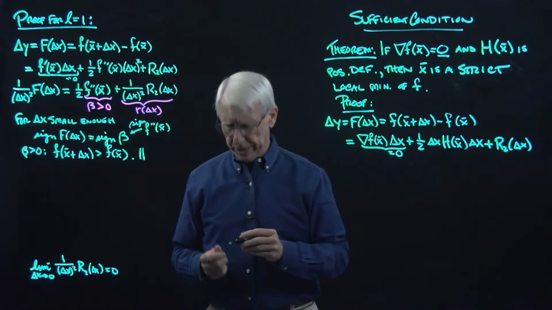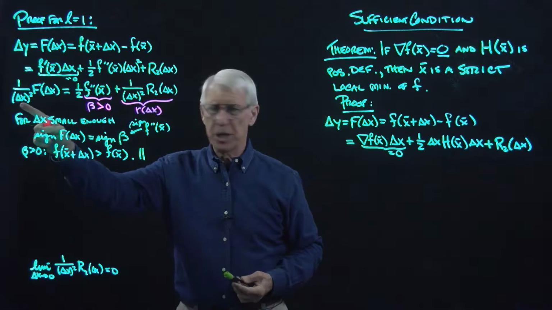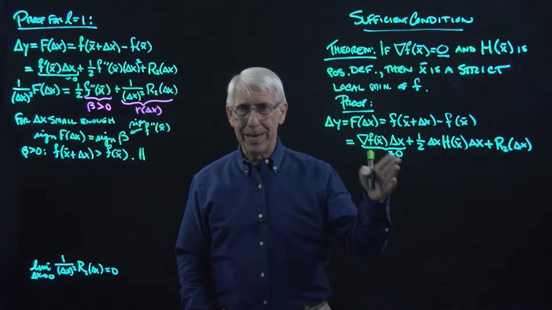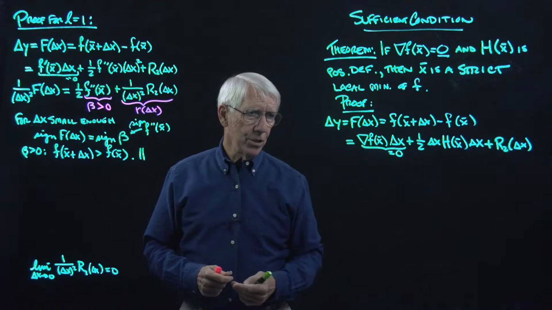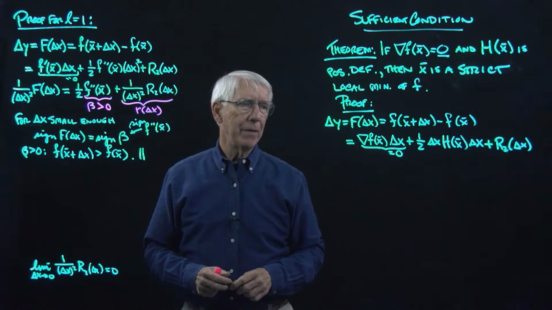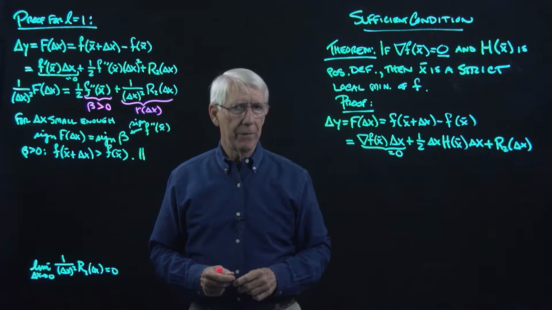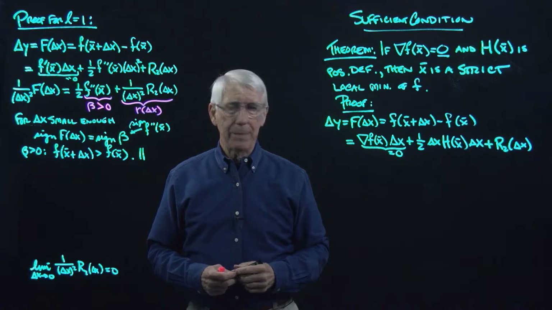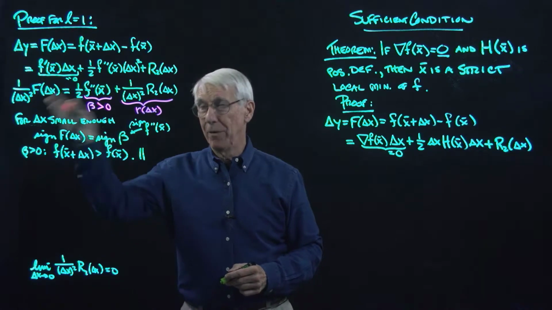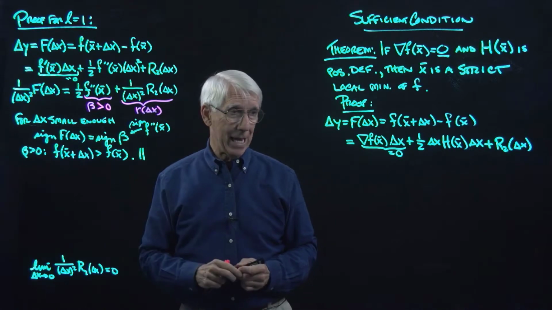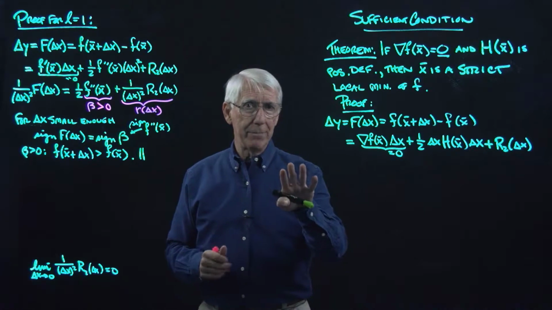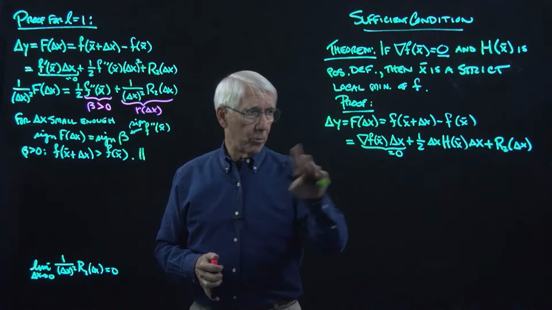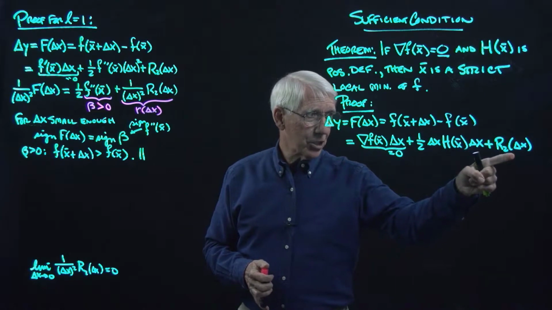Well, I can't do that over here because here delta x was a number. Here delta x is a vector. I can't take the vector squared. But what I can do is divide by the norm of the vector. And I'm going to divide by the square of the norm of the vector, make it analogous to this, because that's what's going to make this go to 0.